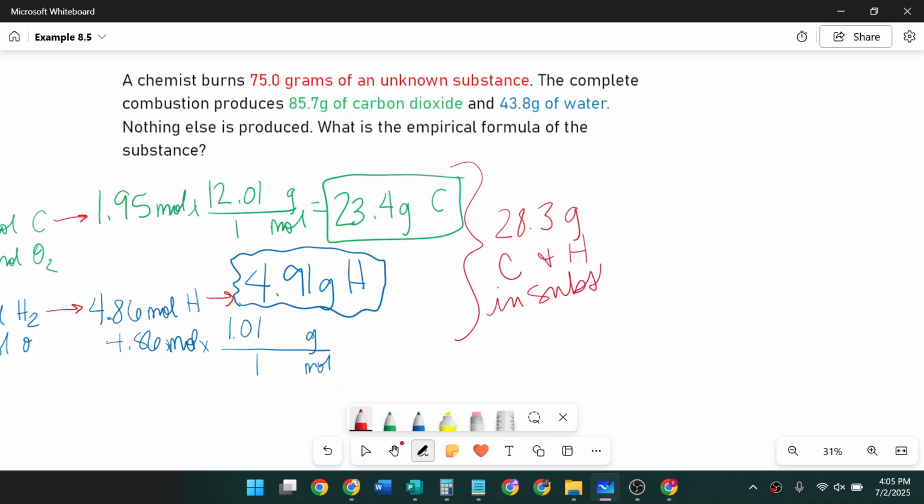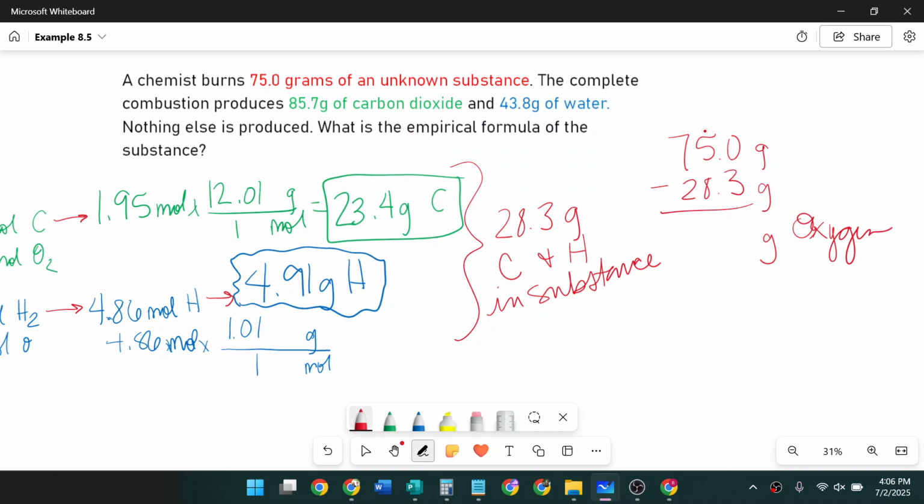But we know that we also have more to it because we have 75 total grams. So when we subtract the 28.3 grams, what's left must be the grams of something else.